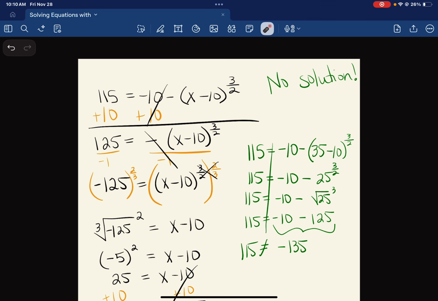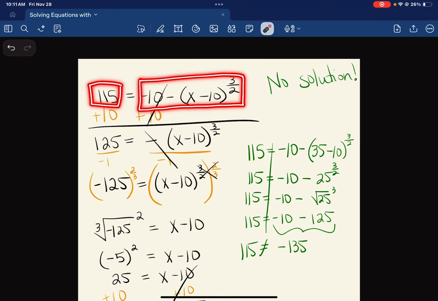Just a side note, if you have a graphing calculator, you might be able to use the online Desmos calculator. Anytime you have an equation and you just want to double check your algebra, let's say you're working on your college algebra homework, if you graph the left side of your equation and the right side of your equation, you should be able to find an intersection value.